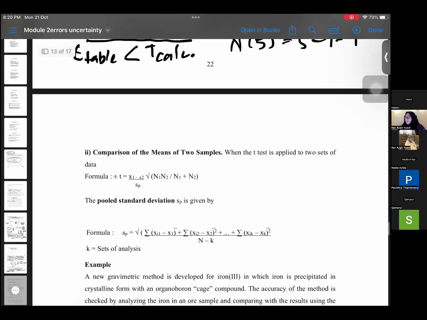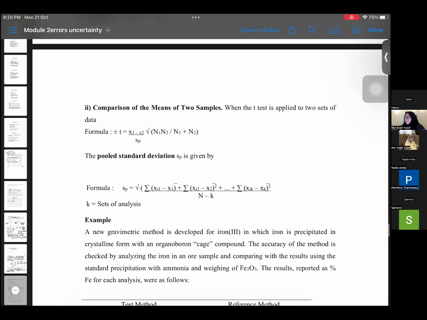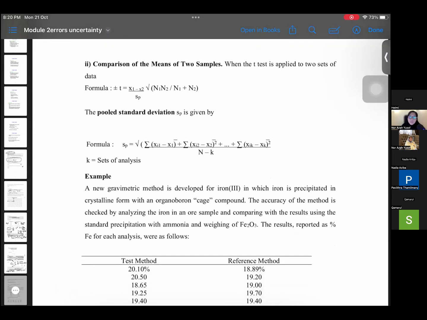Okay. So there is another t-test, comparison of means of two samples, where the t-test is applied to 2 sets of data, it can be 3 sets of data, or more than that. But usually it's 3 sets of data. And why do we do this, okay?